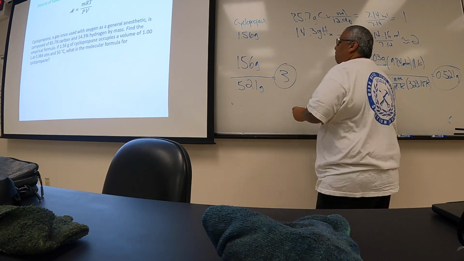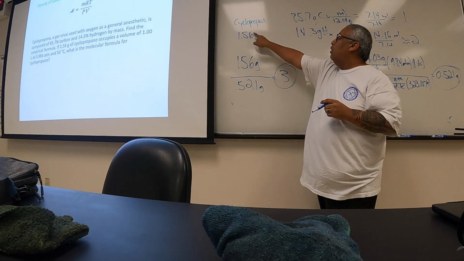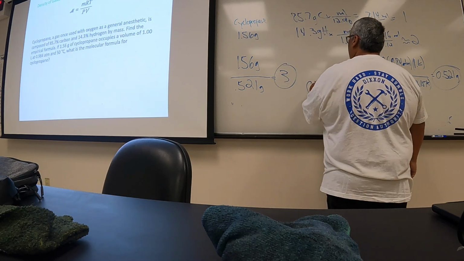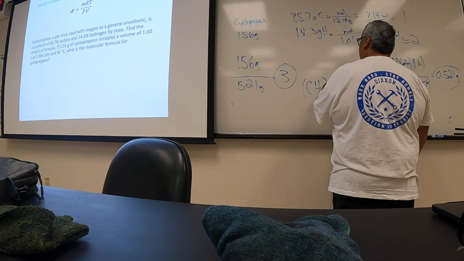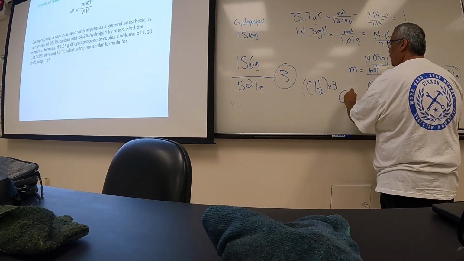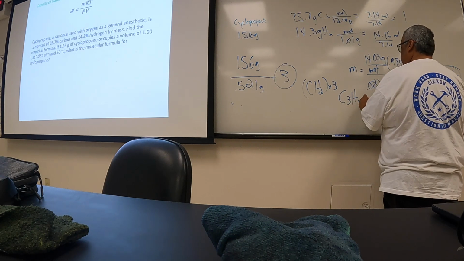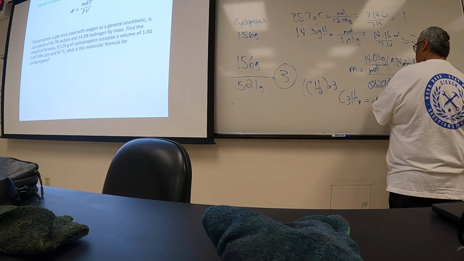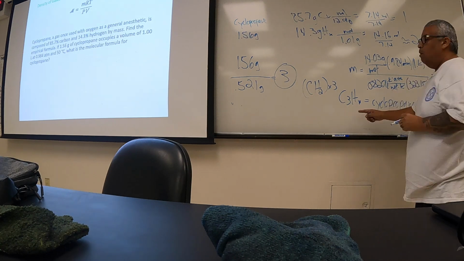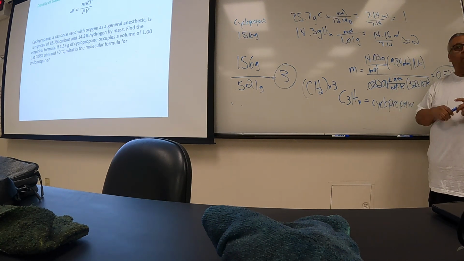So the empirical mass is 3 times smaller than cyclopropane. So if we take CH2 and multiply that by 3, we get C3H6. This is the molecular formula for cyclopropane.